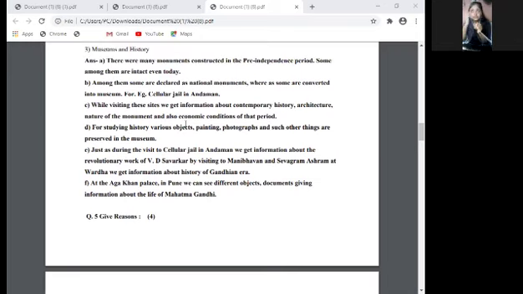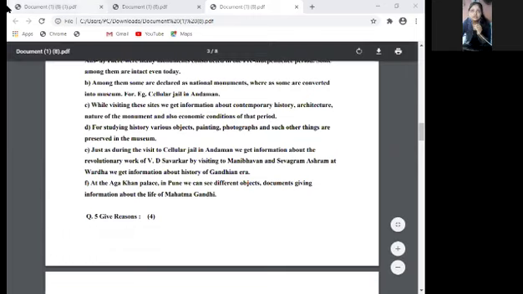For studying history, various objects, paintings, photographs, and such other things are preserved in the museum. Just as during the visit to Cellular Jail in Andaman, we get information about the revolutionary work of V.D. Savarkar. By visiting Mani Bhavan and Sevagram Ashram at Wardha, we get information about the Gandhian era. And at Aga Khan Palace in Pune, we see different objects, documents giving information about the life of Mahatma Gandhi.